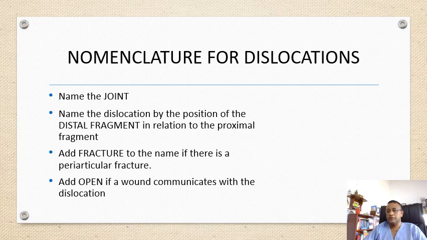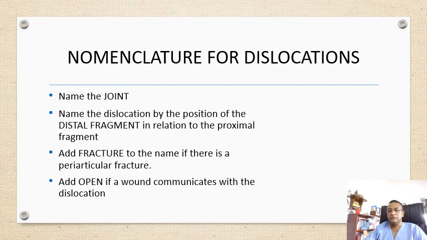How do you name it? You have to name the dislocation by the position of the distal fragment in relation to the proximal fragment. If you say anterior dislocation, that means the distal fragment is displaced anteriorly. Right. Now you have given two names.